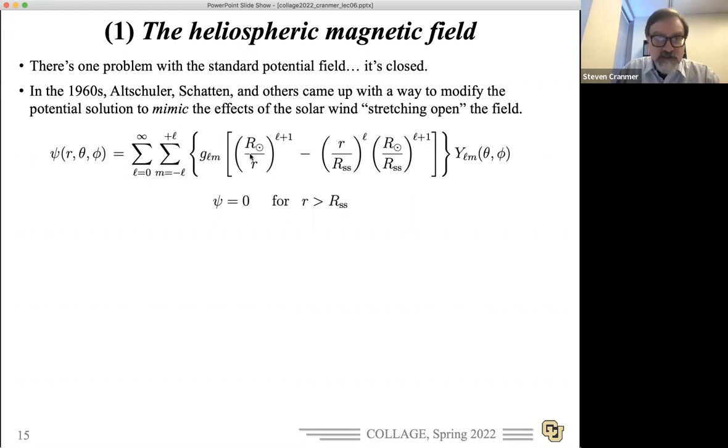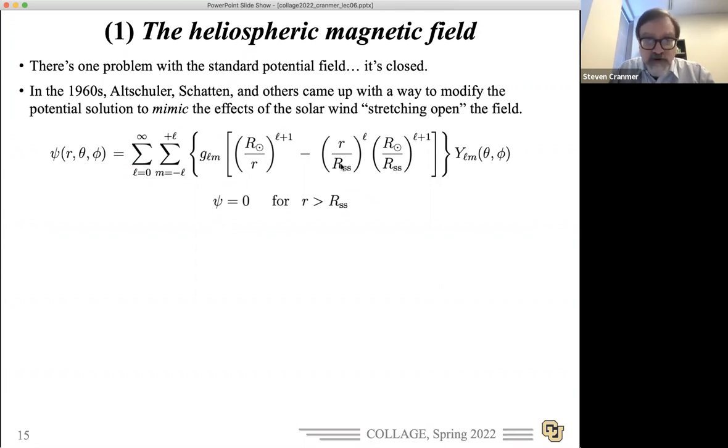Here's that decreasing term and here's that increasing term. But if the coefficient on the increasing term is written in a specific way with a minus sign on it, then that means that the value of the potential at some radial distance above the surface of the sun that I'm calling R_SS, it's called the source surface. It's normally about 2.5 solar radii above the surface.